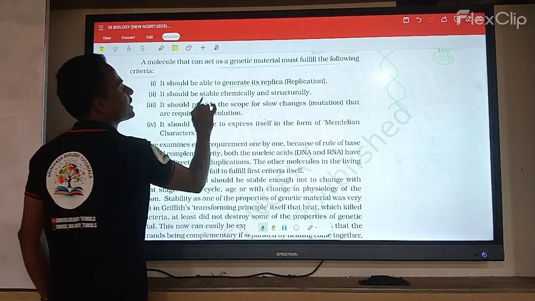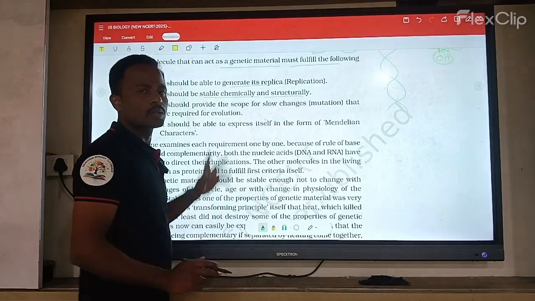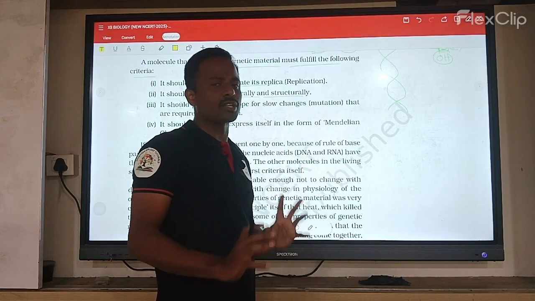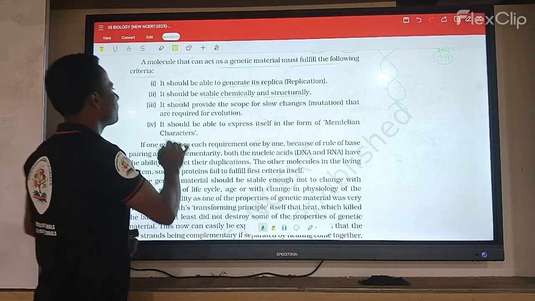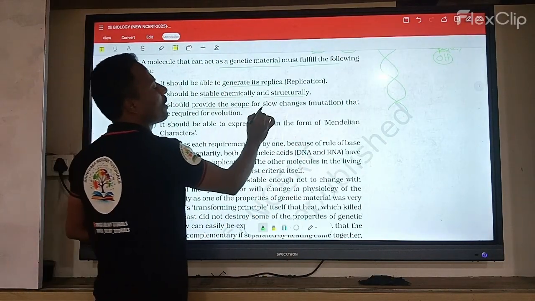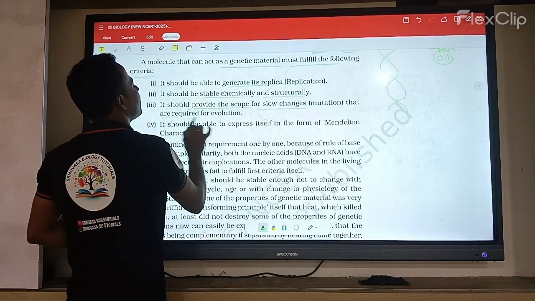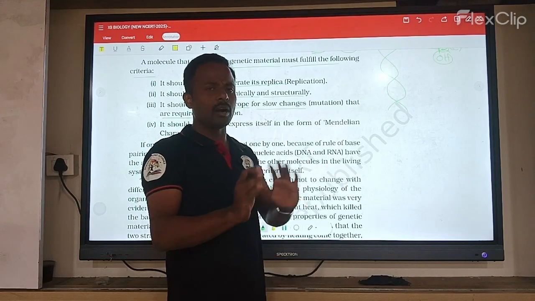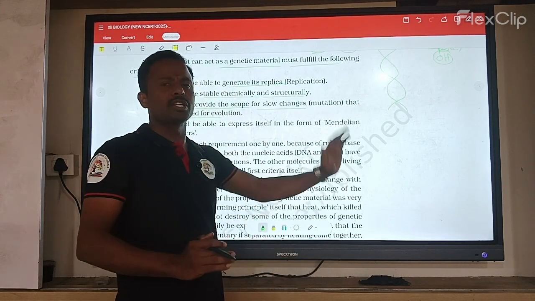Second, it should be stable chemically and structurally, so its chemical structure is completely stable. Third, it should provide the scope for slow changes, mutations, that are required for evolution, so that it changes from generation to generation.